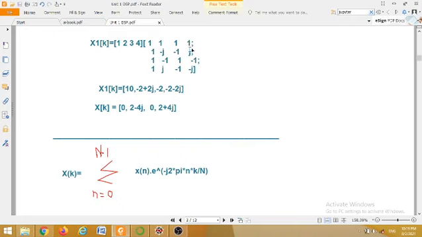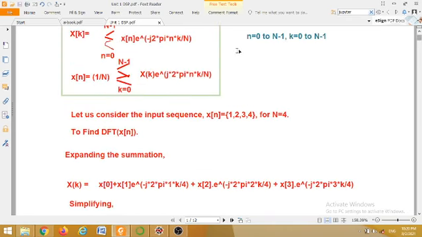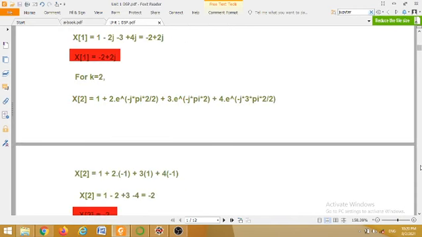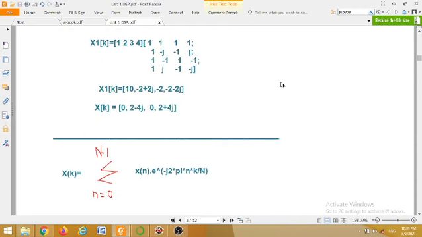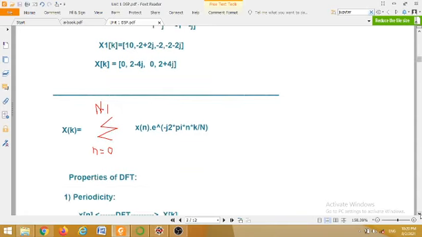Then we need to multiply by 1 by N, because x of n is going to be 1 by N summation k equal to 0 to N minus 1, X of k e power plus j 2 pi n k by N. So this 1 by N also has to be multiplied. It is left as an exercise for the students to complete the IDFT process: given X of k, find x of n.